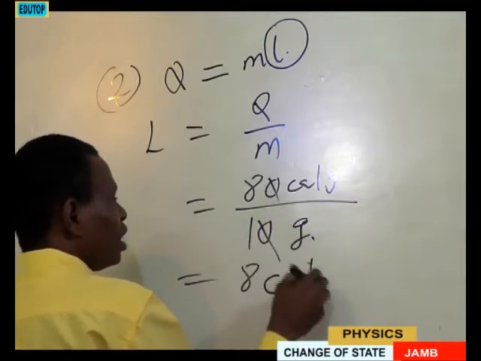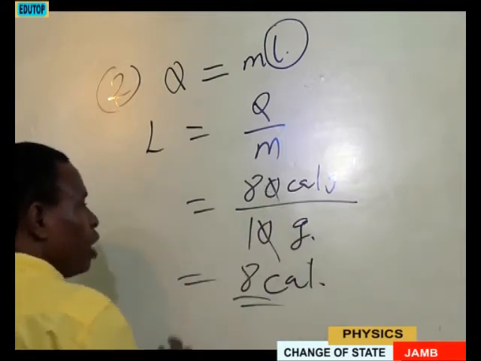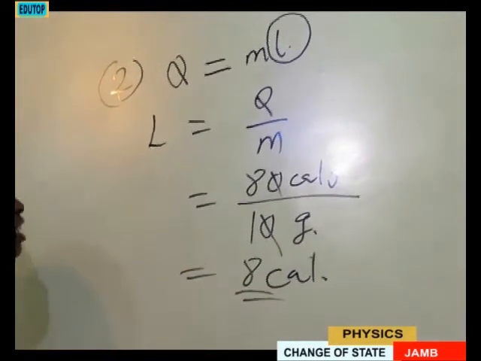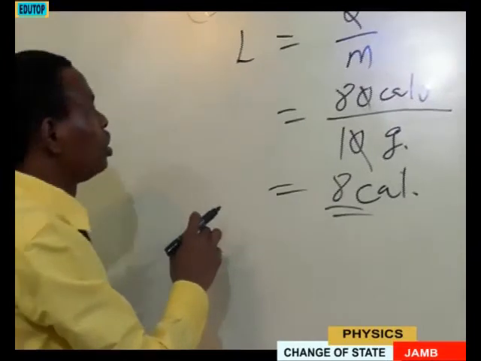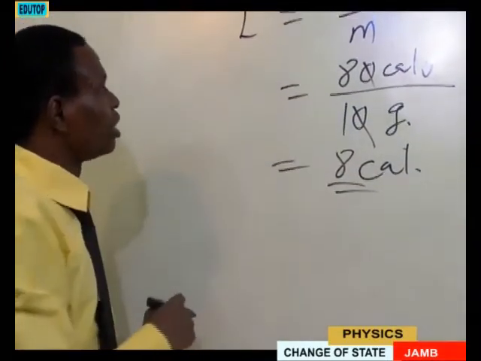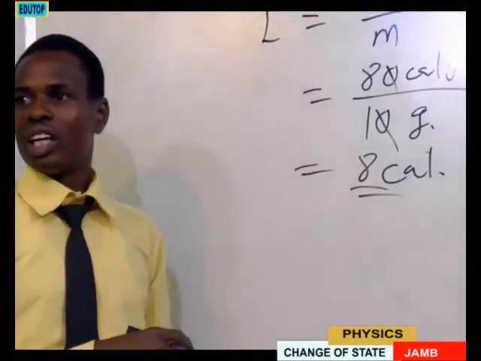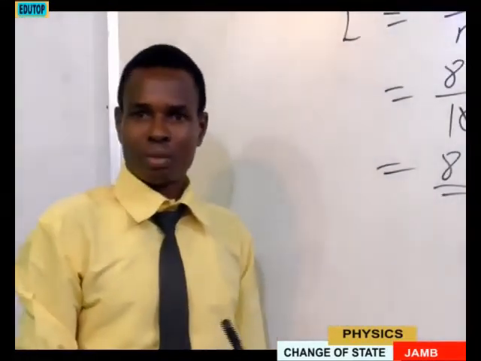Multiplying gives the answer, 800 calories. Option C.